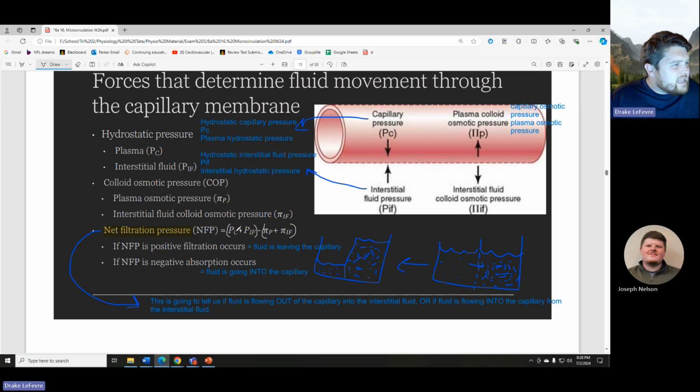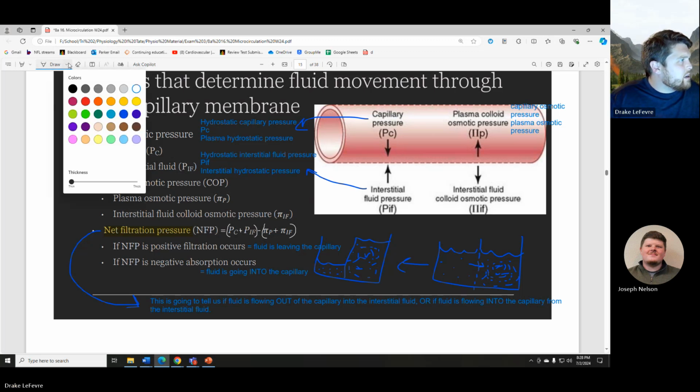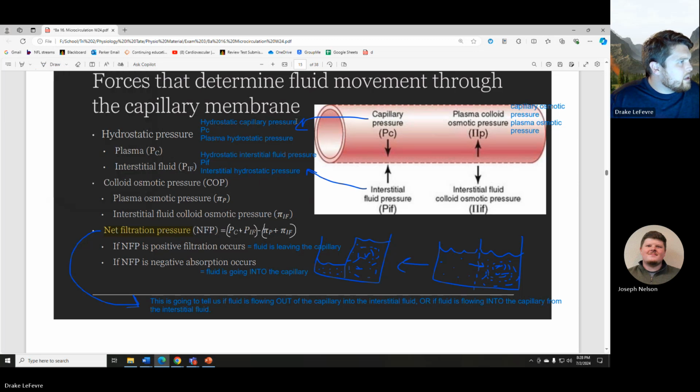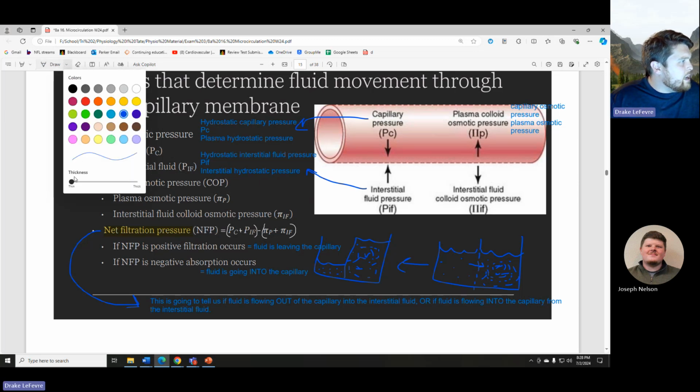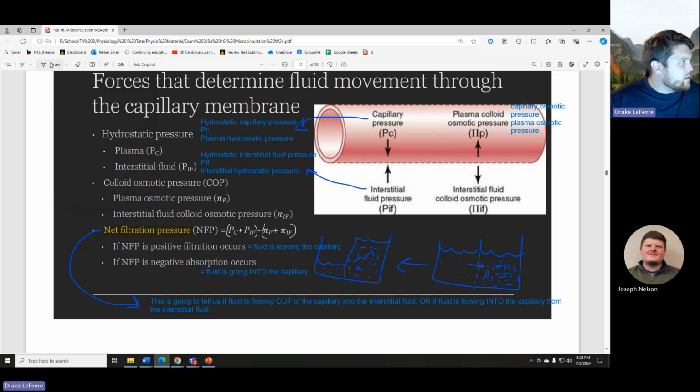I think he's kind of skipping ahead, because this direction right here of the capillary pressure is positive. So this is positive right here.